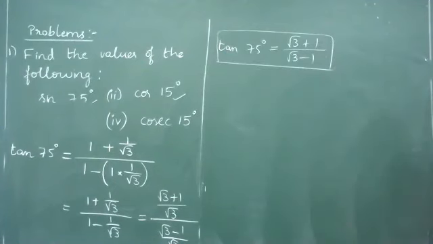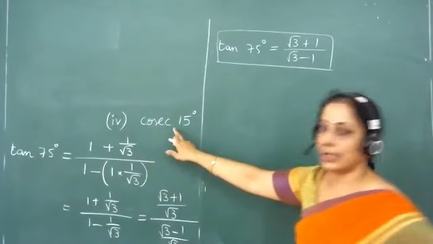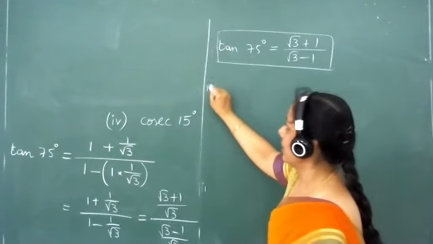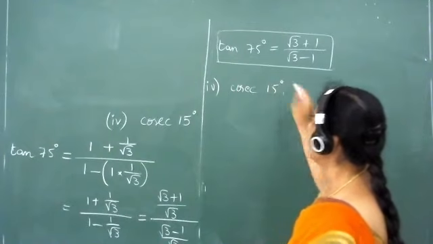So first, second, third, all the three are done. We are now left with the last one, which is cosecant 15 degrees. So how does one find cosecant 15 degrees?